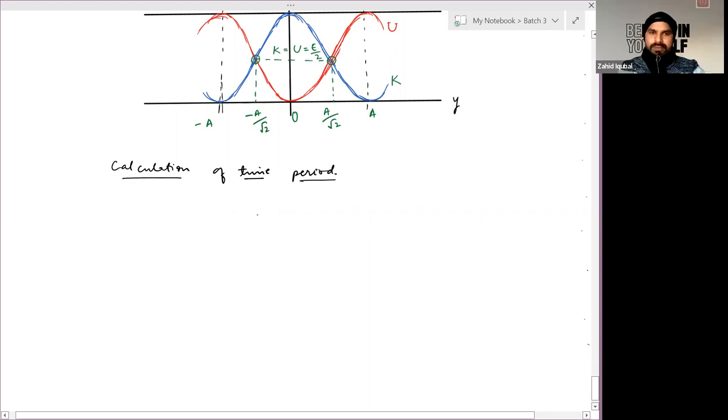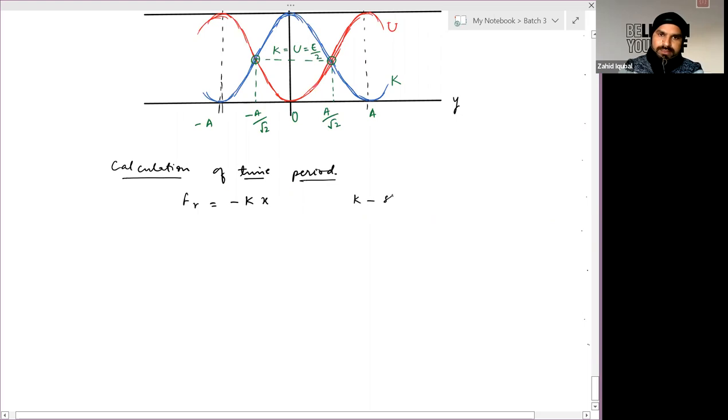For any problem, first try to analyze or calculate the restoring force. So F restoring equals minus K times X, where K is called spring constant or force constant and X is displacement.